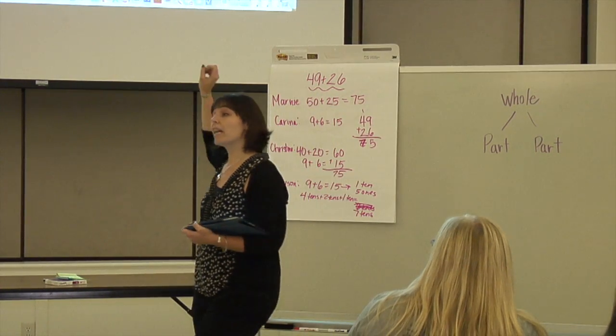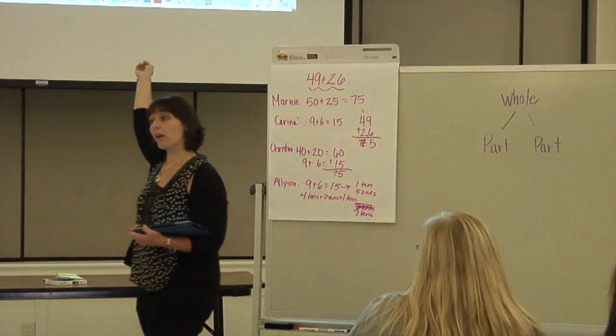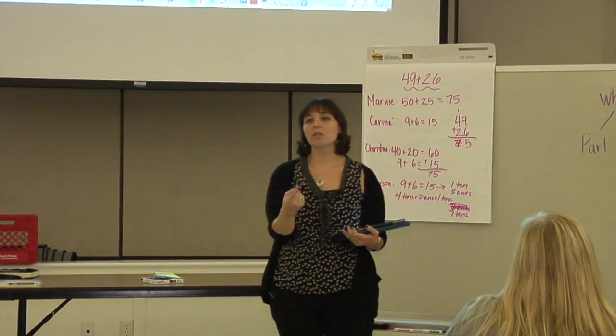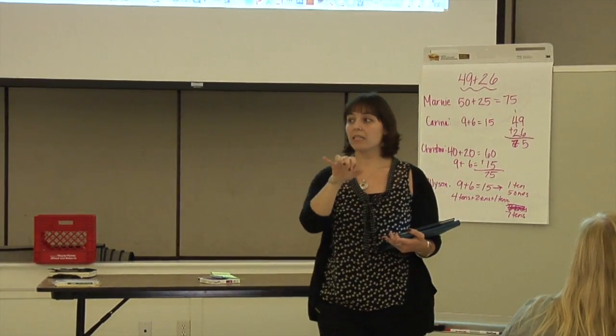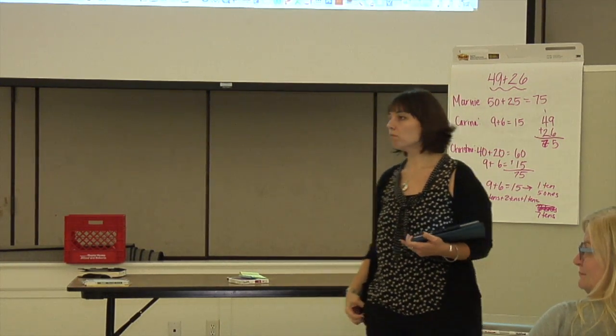So if I had a kid who doesn't do the model but does the work, they get credit for the work and they don't get credit for the model. Right? So both of them are expected because we want them to be able to show understanding in several different ways.